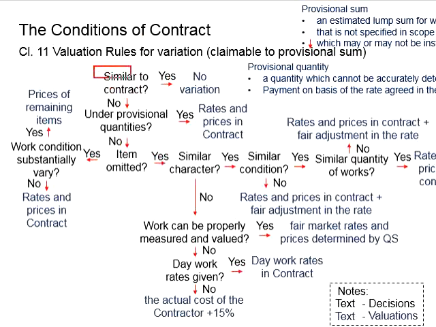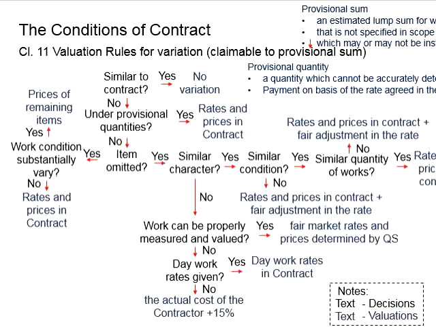If all the works are similar to the contract, that means there are no additional works, nor are there any changes in terms of the design, that means there is no variations.